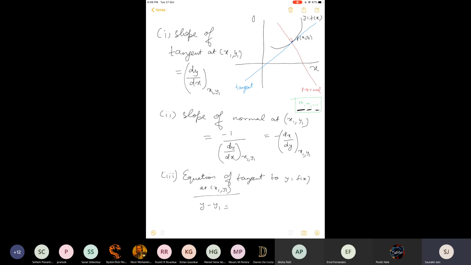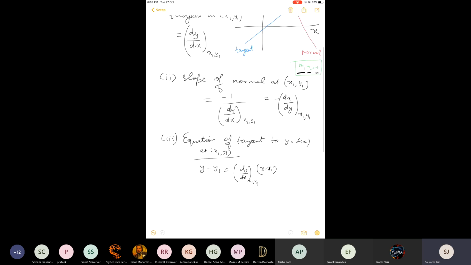That is the slope-point form. The point on the curve will be the point on the tangent as well, and in place of m, we put dy by dx. Let me add it here only; I'm not writing the sentence every time. So this is your equation of tangent.